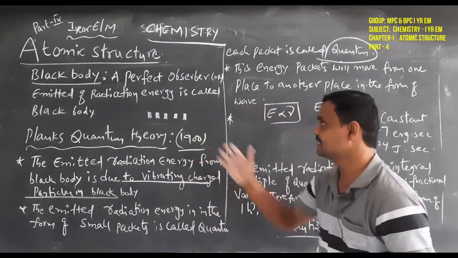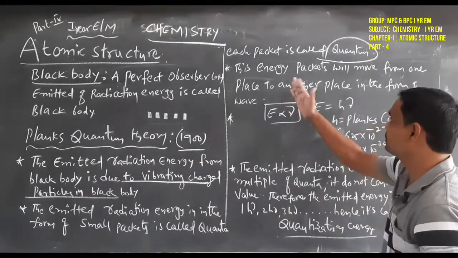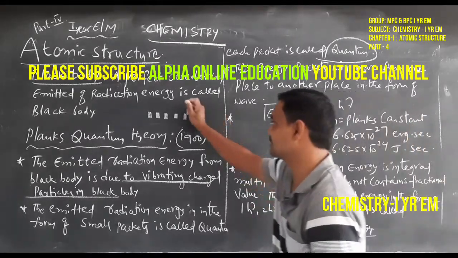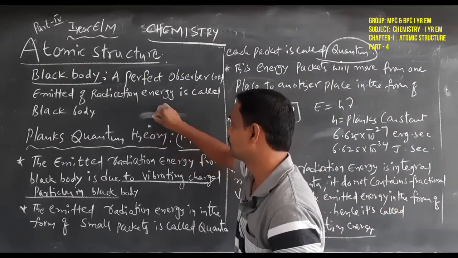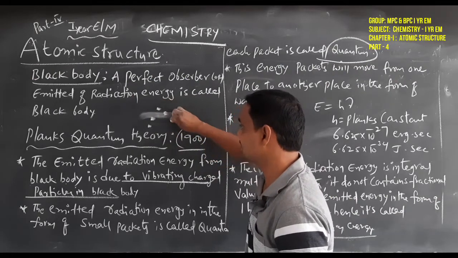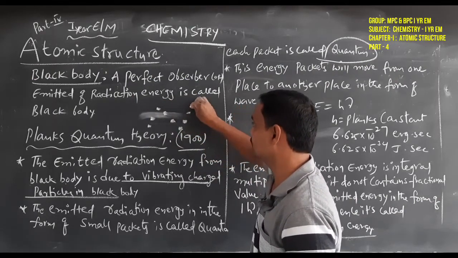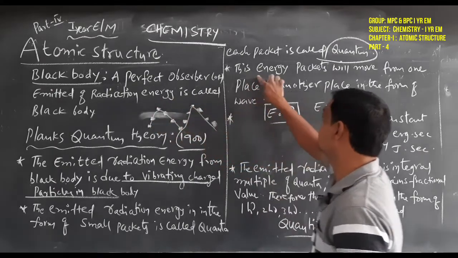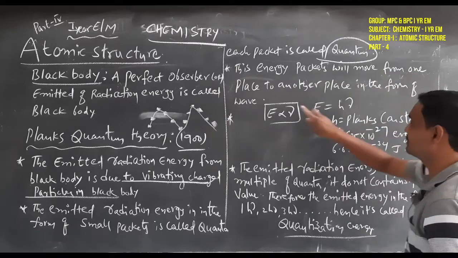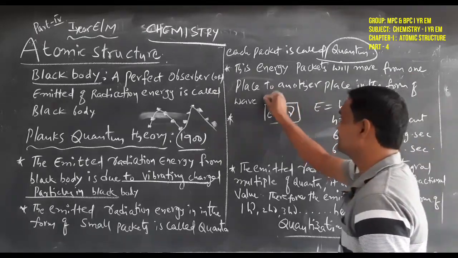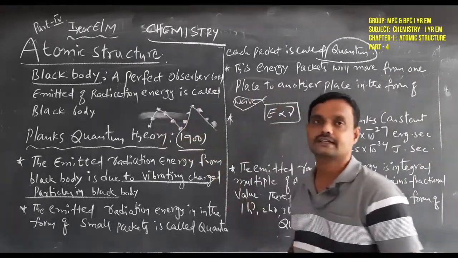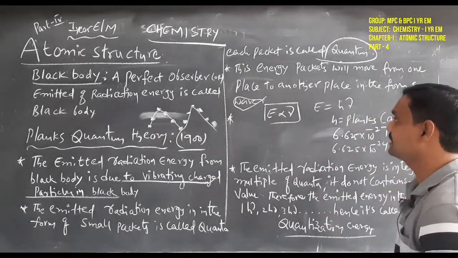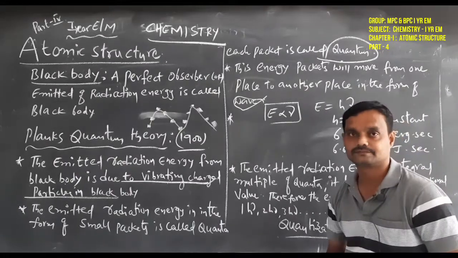So these emitted radiation energy packets move from one place to another in the form of a wave, like this. So the energy packets move from one place to another in the form of a wave. So this is another postulate in Planck's quantum theory.